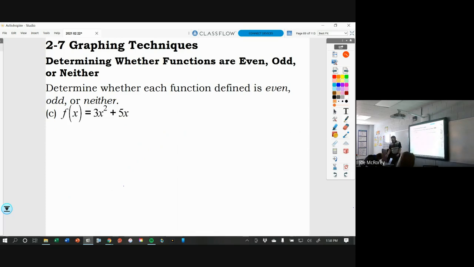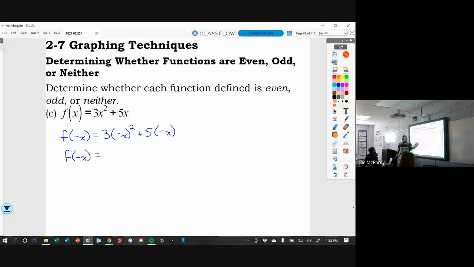Okay, to test, we plug in negative x, which gives me 3 times negative x squared plus 5 times negative x. So if I have a negative x and I square it, I get positive x squared.